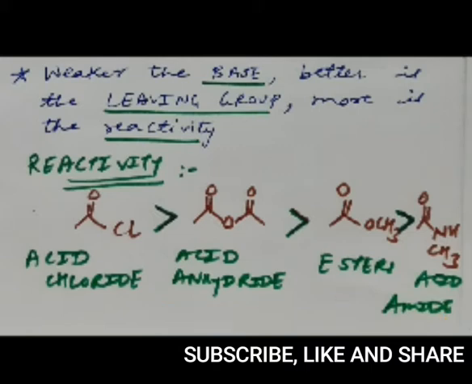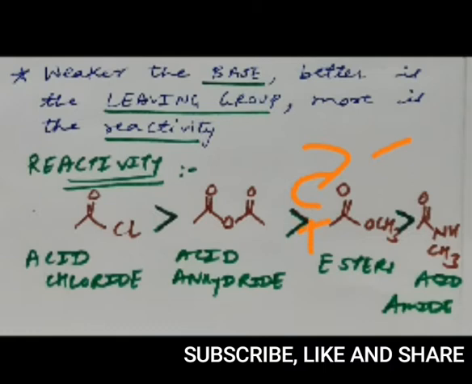In the third stage, consider the third molecule, that is esters. In the case of esters, we have this OCH3 group. The OCH3 group has a positive inductive effect tendency, so it will show a plus I effect, donating electrons. Consider the carbonyl group here. It has a negative charge on oxygen and a positive charge on the carbon atom.